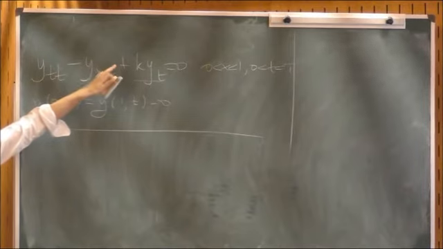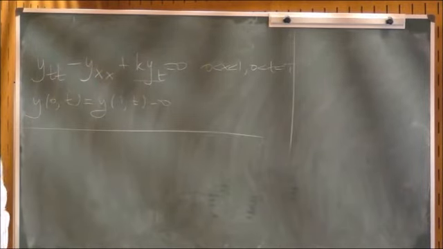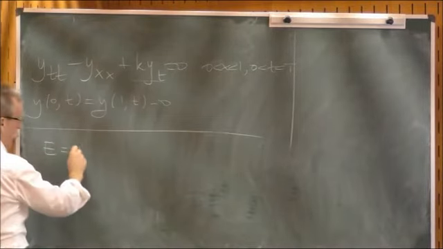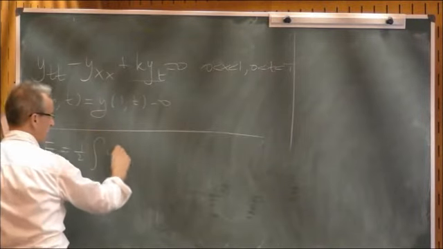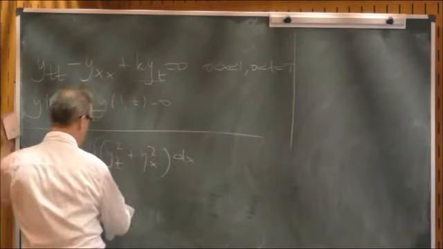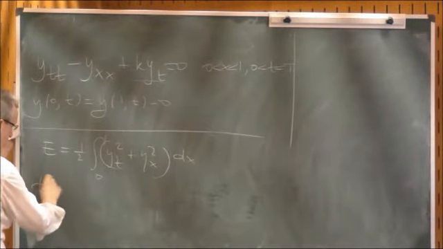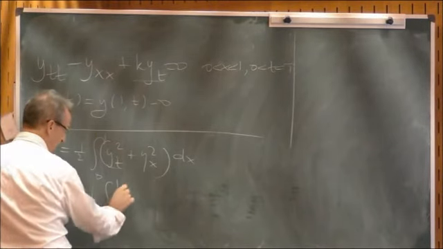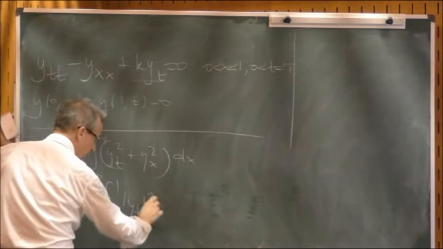You remember I was putting this minus k x prime term. Damping is the same. So here, if I write the energy, 1/2 integral of y_t squared plus y_x squared dx from 0 to 1, the time derivative of the energy is minus k integral from 0 to 1 of y_t squared dx.